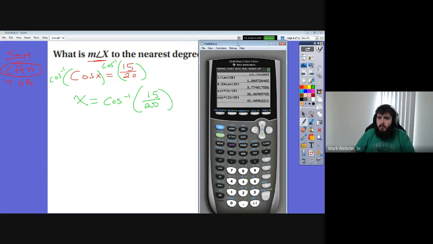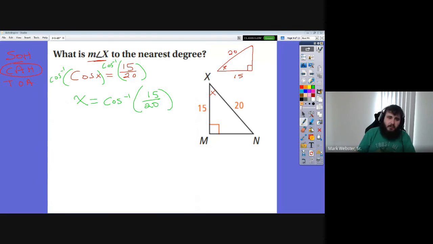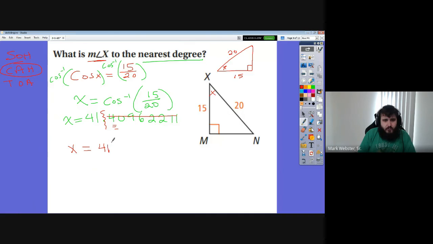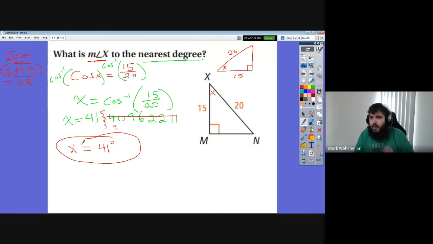Let me write that down. 41.40962211. And again, they want nearest degree. That's the nearest whole number. We look at that 4. Is that bigger than 5? No. So this whole thing, we drop it. We just say 41 degrees for our answer.